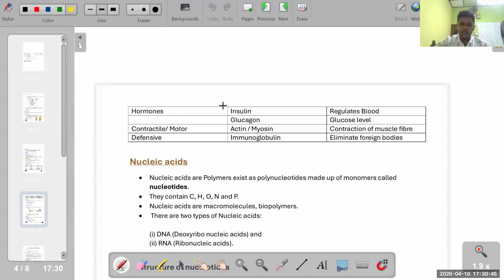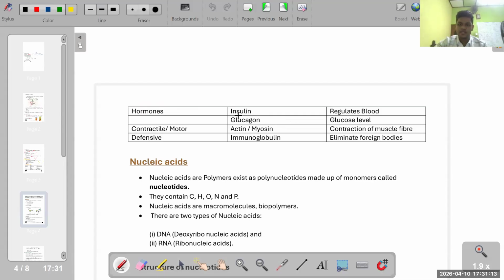Hormones, example, insulin and glucagon. Do you know insulin? If you know anyone affected with diabetes, they know what insulin means. Diabetic patients are given insulin injection doses, right?